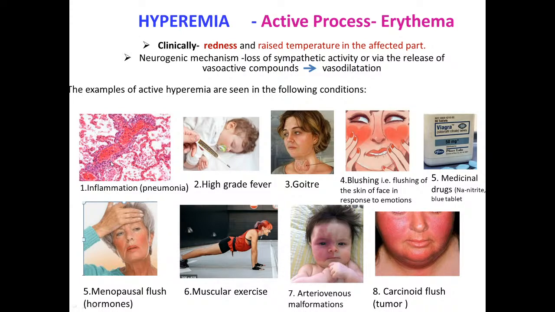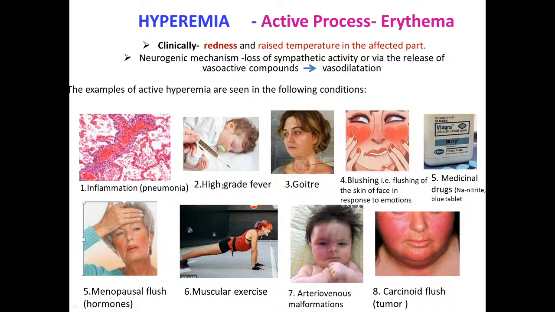Inflammation, for example, congested vessels in the walls of alveoli in pneumonia. The most striking active hyperemia is the result of bacterial infection damaging the vessel wall.